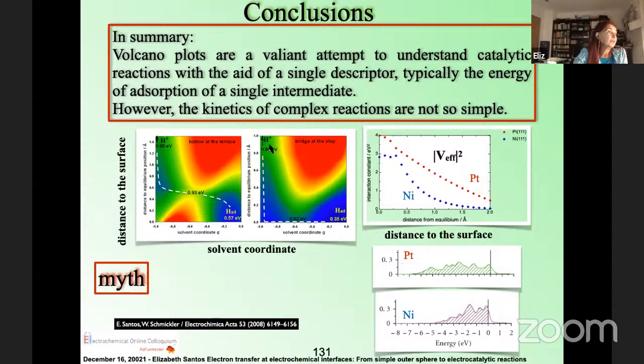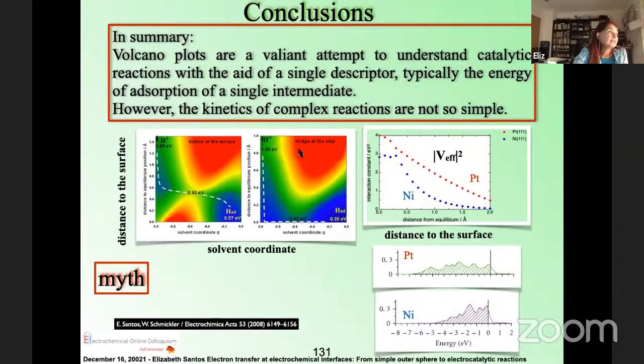And here we have seen in the case of the step, for example, that the solvent plays also a role, not only the electronic interaction, because the solvation is lost at the terraces very early. Then in the transition state, the reactants are far away from the surface and the activation energy is larger.